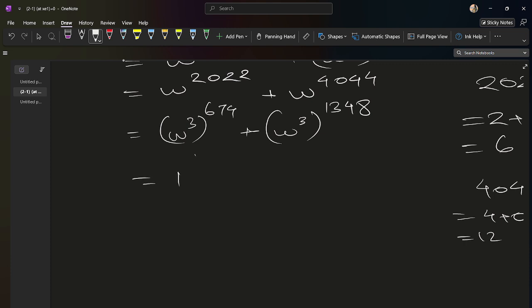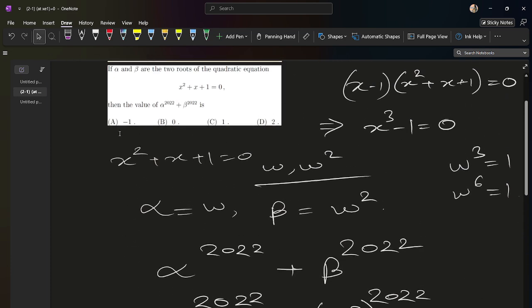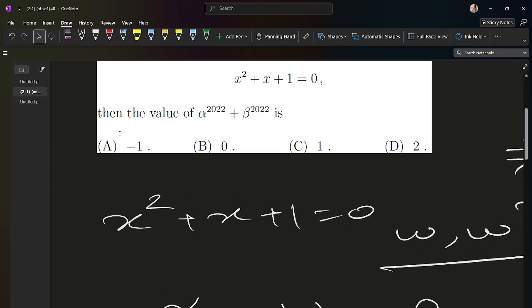That is 1 to the power 674 plus 1 to the power 1348, so that is 1 plus 1, and our answer is 2. Let me check the options: option A is minus 1, which is wrong, option B is wrong, option C is wrong, and option D is the correct option of this question.